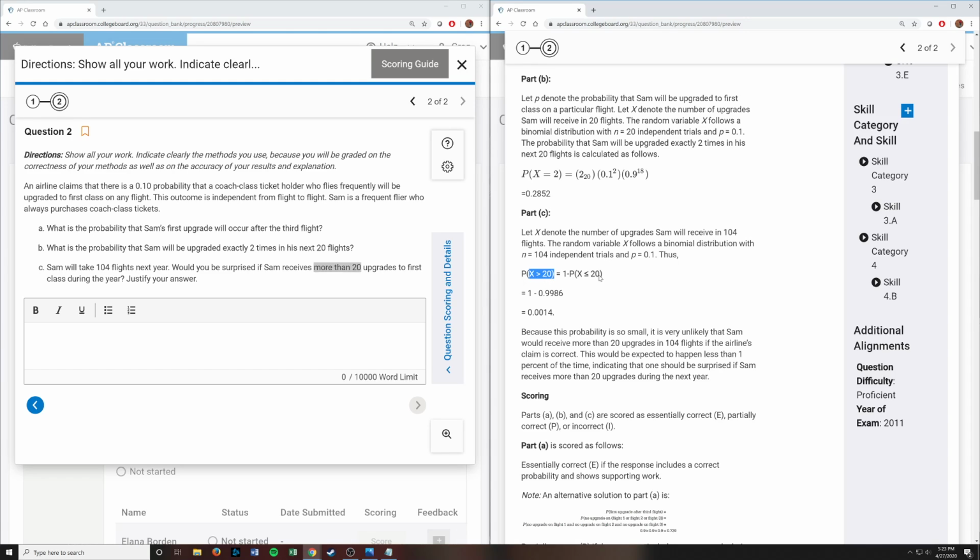So when you use the complement rule, this does become 20. Okay. So you would use binom CDF. N is 104, P is 0.1, and the number of successes goes up to 20. So that'll give you this. If you just do the binom CDF part, if you remember to do the 1 minus, that'll give you a very small probability here. Okay.